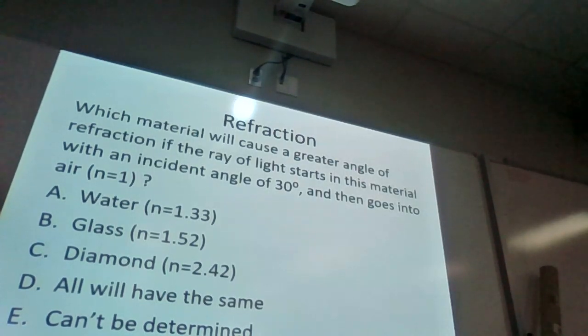Here is why. The greater the contrast, the greater the difference in indices of refraction, the greater the change in speed.